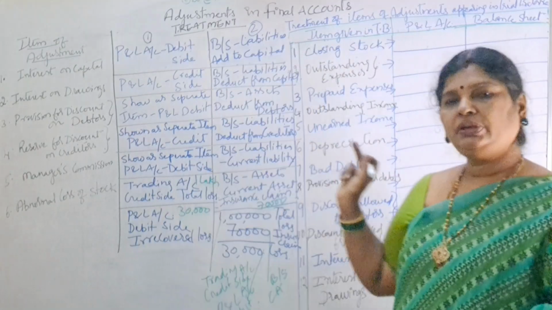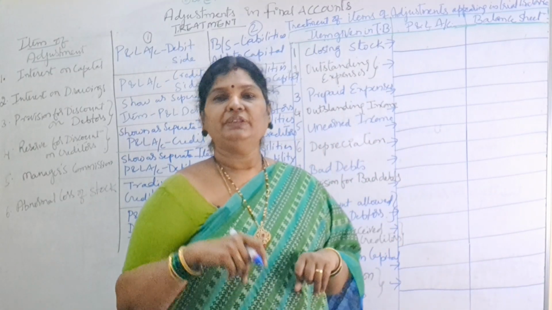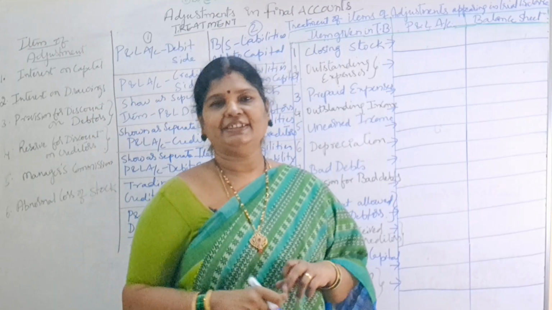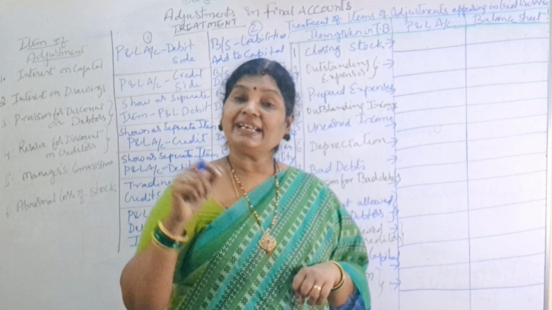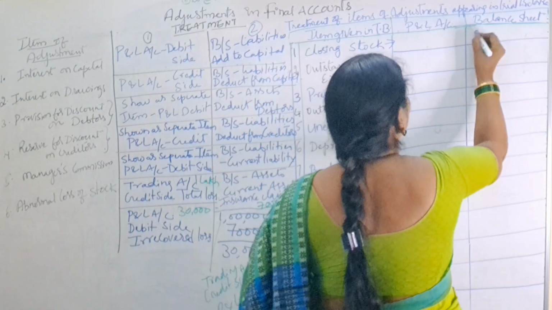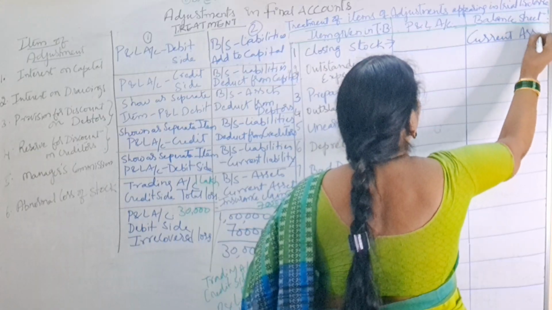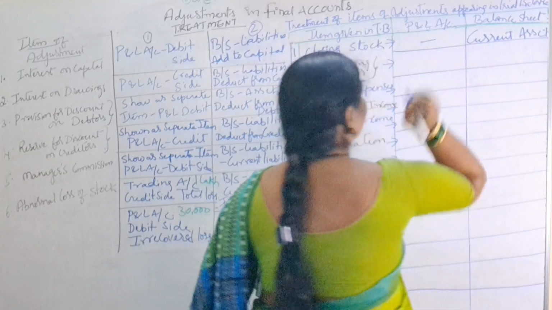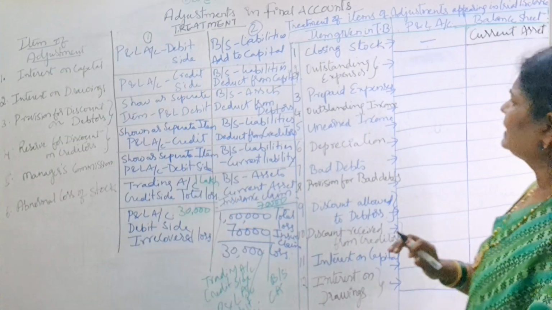So you will get either in profit and loss account or trading account or in balance sheet. So if you get closing stock in trial balance, where we have to show, just directly go to balance sheet and show as current asset. Here you will not get, remember. Okay, next, outstanding expenses.